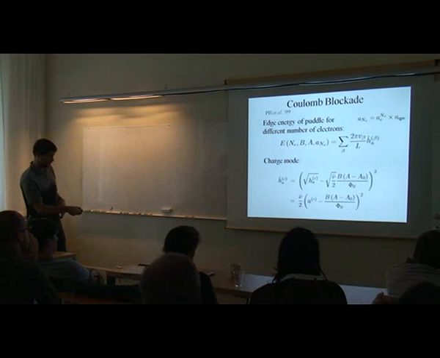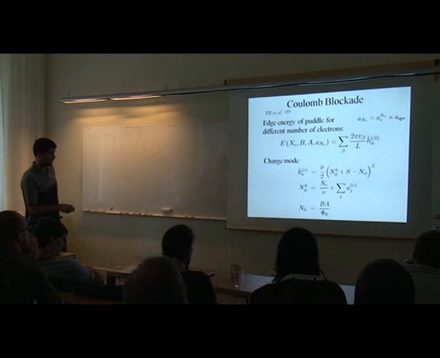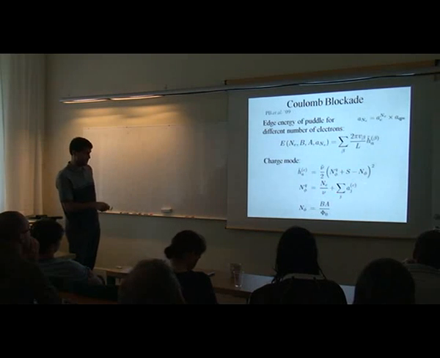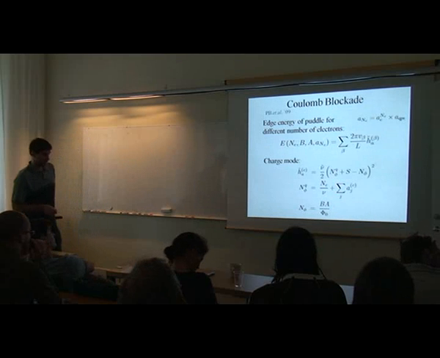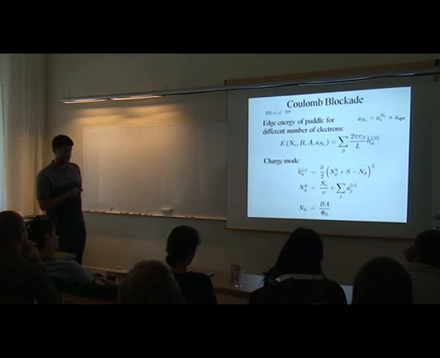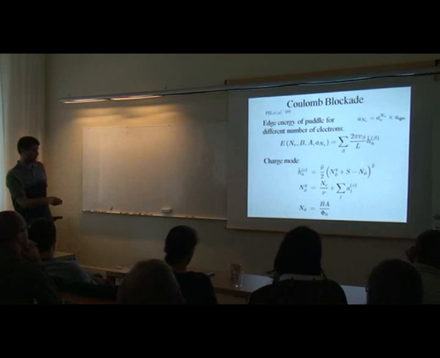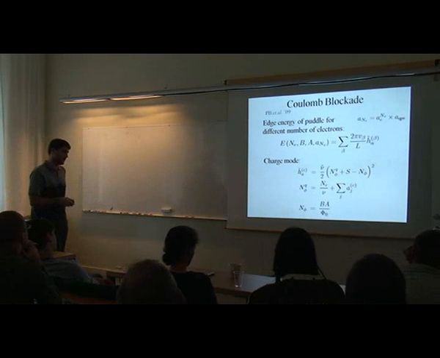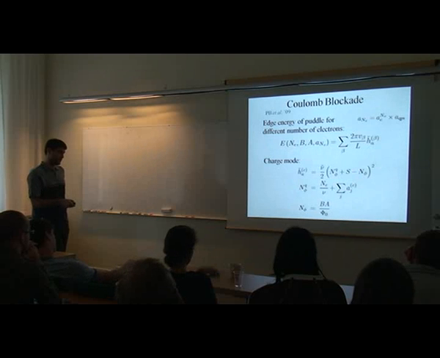And in particular, you can rewrite this charge mode central charge in a more transparent form, which is just that you take the square of the number of quantized fluxes, which is given by the number of electrons divided by the filling fraction, plus the number of fluxes being carried by the quasi-particles in your puddle, and you subtract from that the number of fluxes given by your B field, and then S is just some sort of constant shift that would make it zero when you have a zero topological charge on the edge.